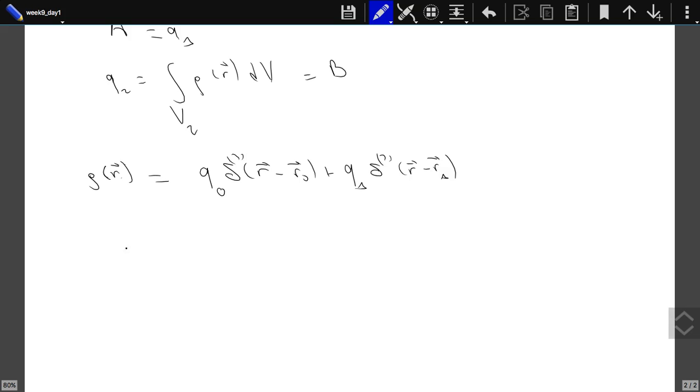Well, rho of R, if you only have a surface charge density, is just sigma of R times a Dirac delta, let's say n minus n0. You just choose a coordinate perpendicular to the surface, call it n. The surface is at the point n equal to n0.